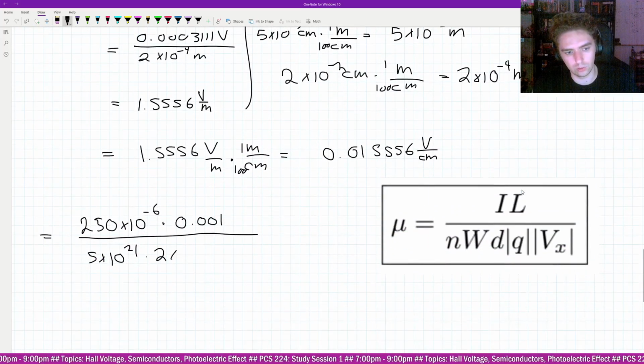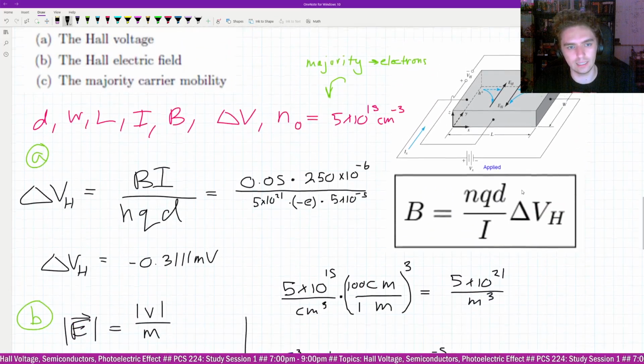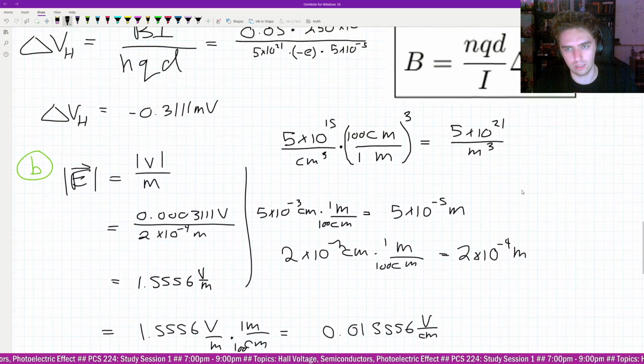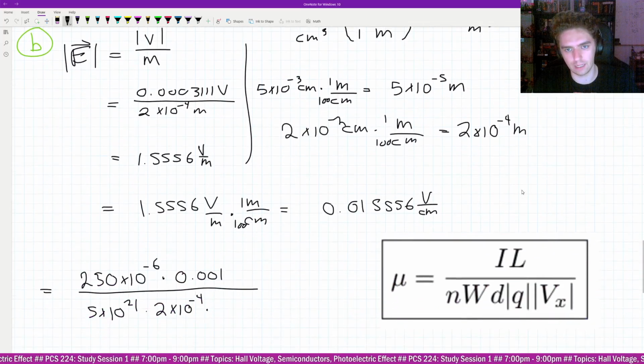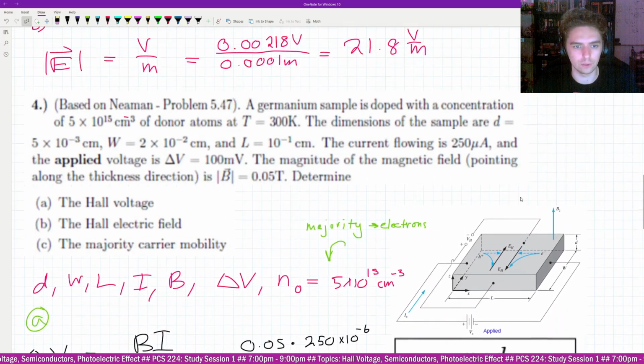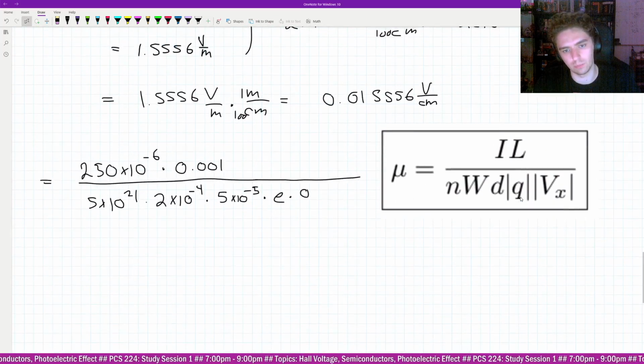D is thickness in the direction of the field, so that's going to be this one here, 5 times 10 to the negative 5. Q is, but absolute value, so it's just e. And delta Vx is the voltage across the actual given thing. And that voltage is 100 millivolts, so 0.1 volts.